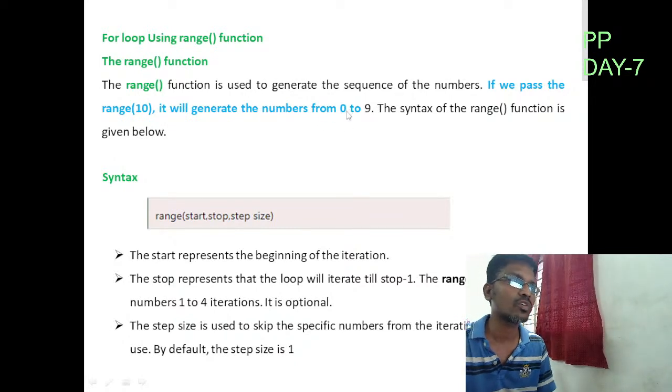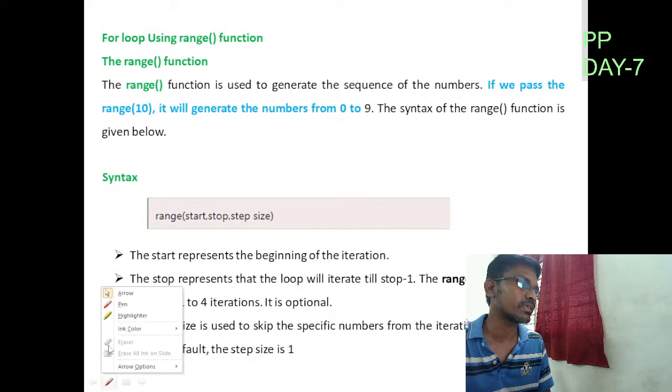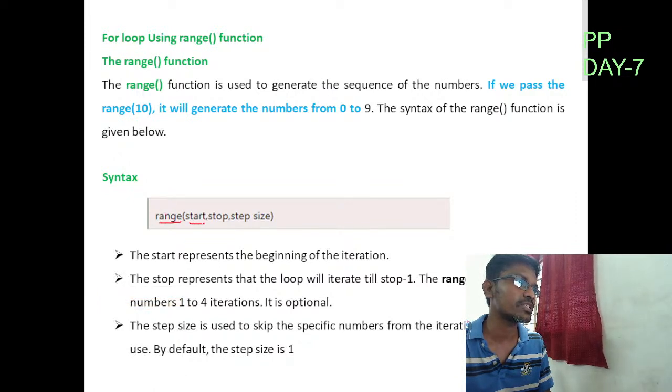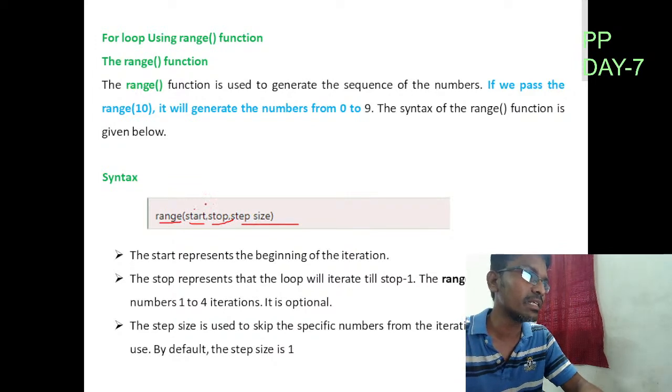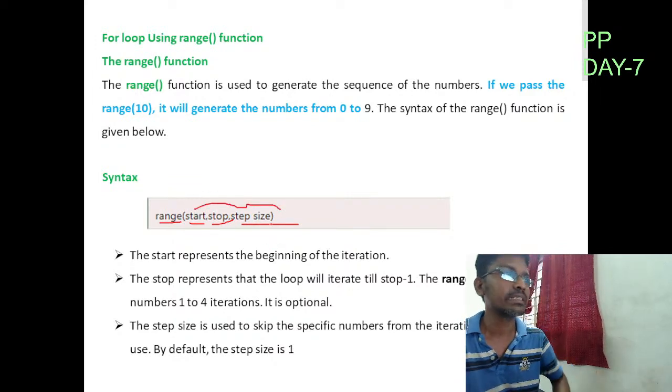So it will include 0. So 0 to 9, so the total number of elements is 10. The syntax for using a range function in Python is range followed by starting value, stop value and step size. We'll see this syntax in the next slide.